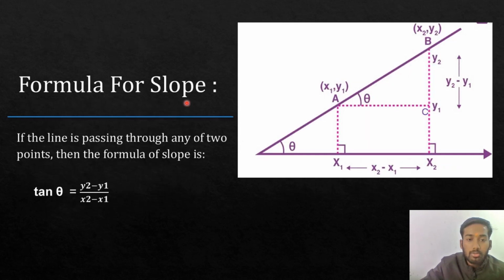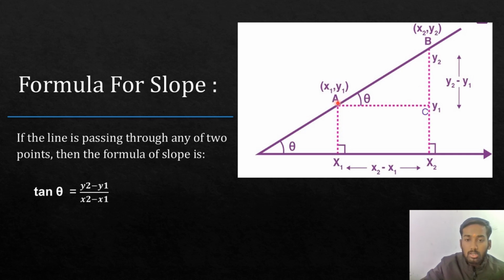Now the formula for slope. If we have 2 points, let's say A (x1, y1) and B (x2, y2), then to find the formula for slope we have to calculate tan theta, because tan theta represents the slope.